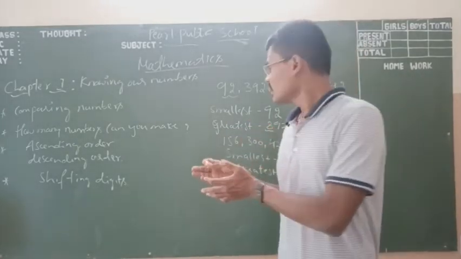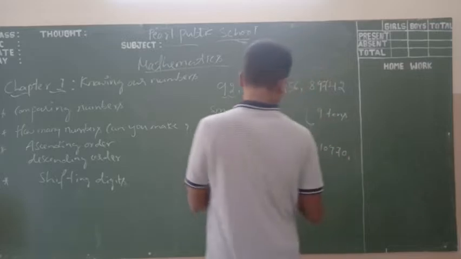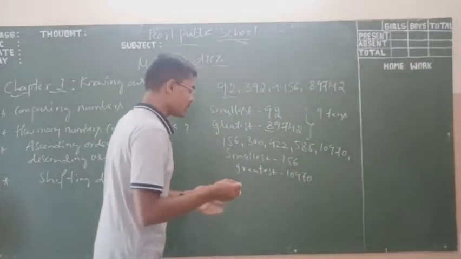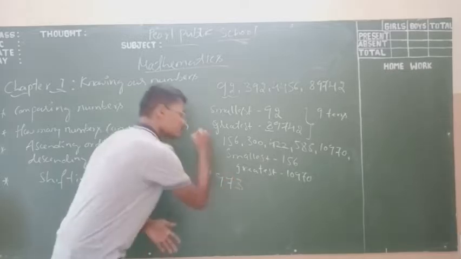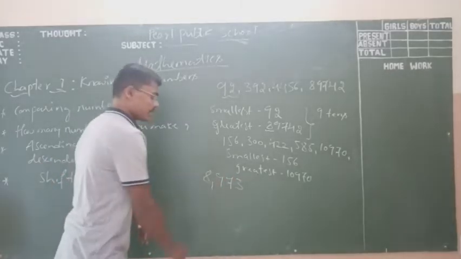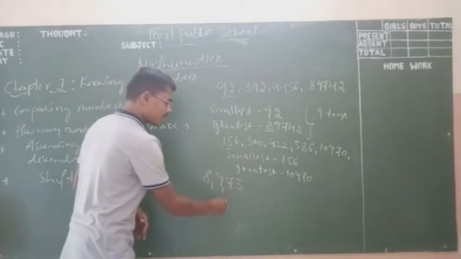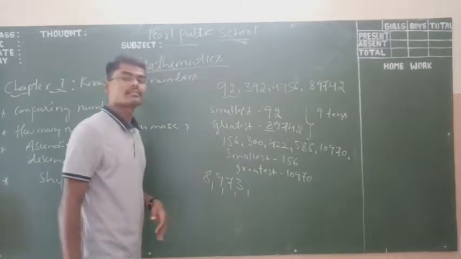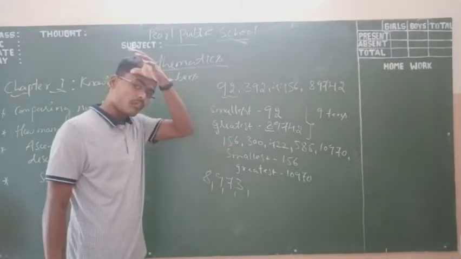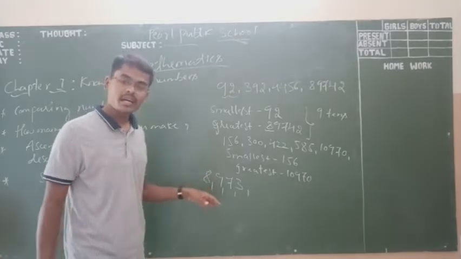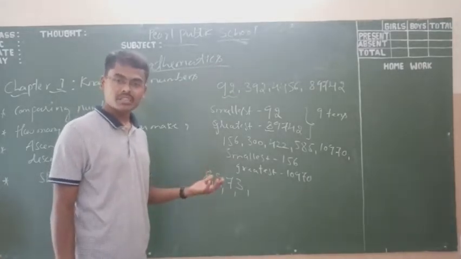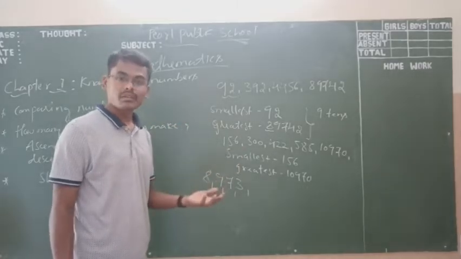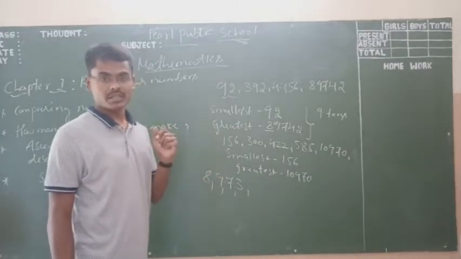For example, I am going to write 8, 9, 7, 3. Consider 8, 9, 7 and 3. For these 4 numbers, can we make the smallest and the greatest number by writing them in other ways without any repetition?